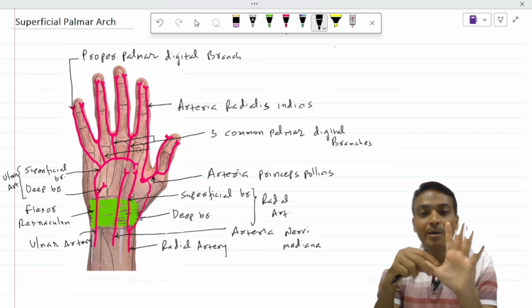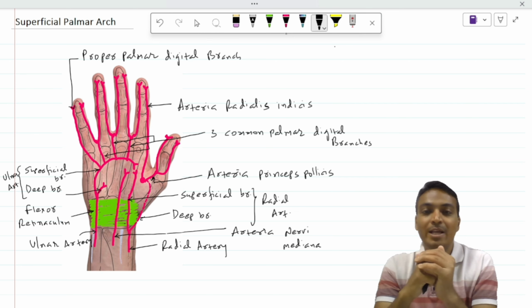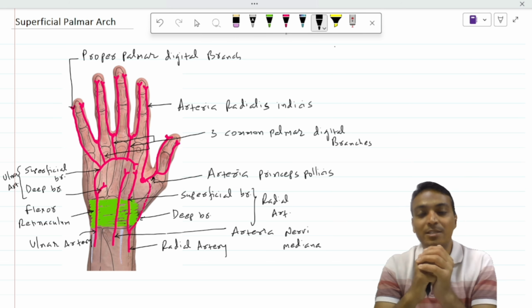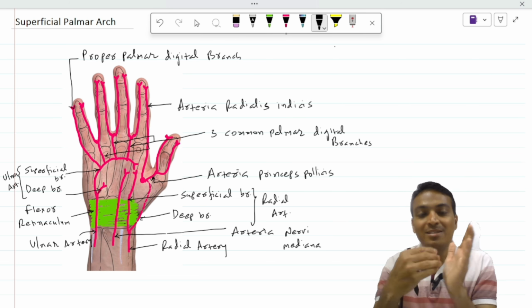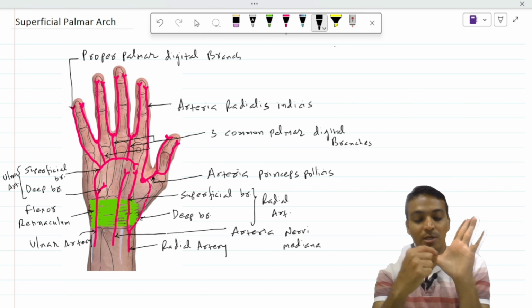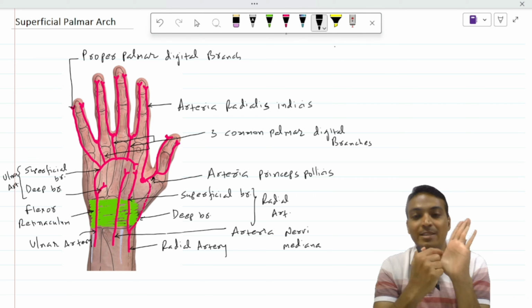Now, regarding the surface anatomy of the superficial palmar arch, where is it situated? It is situated slightly distal to the deep palmar arch. When we outstretch the thumb, the distal border of the thumb correlates with the superficial palmar arch like that.